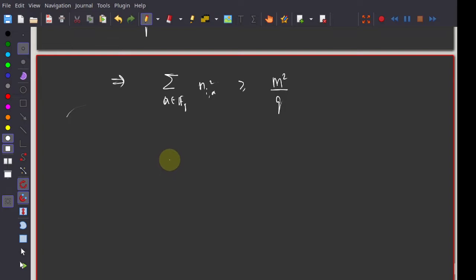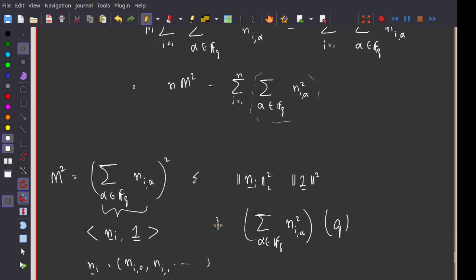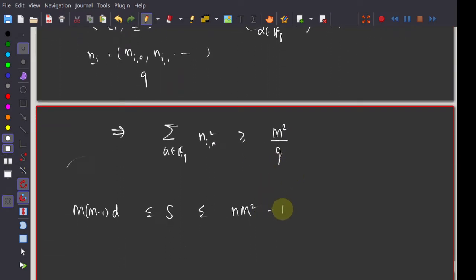So S is greater than or equal to M into M minus 1 into d, and it is also less than or equal to nM squared. So I plug this in to this particular equation: nM squared minus M squared over q.